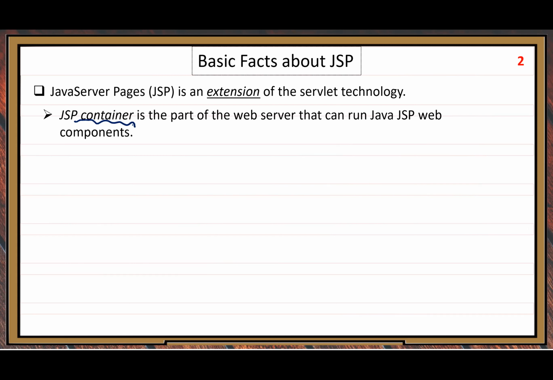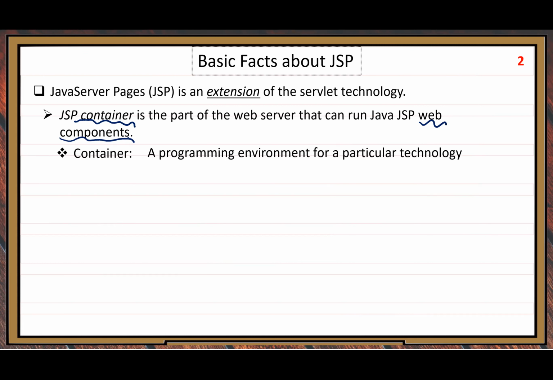In this sentence, there are 2 concepts I need to explain. The first one is container. The second one is the web components. First, for the container, let me explain. A short way to explain: a programming environment for a particular technology. You can imagine it's a container.